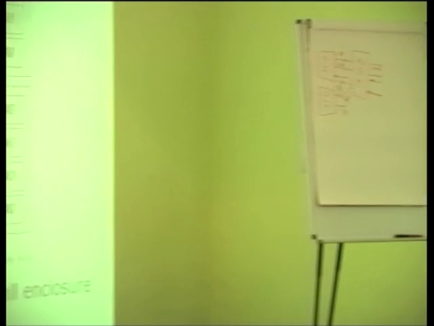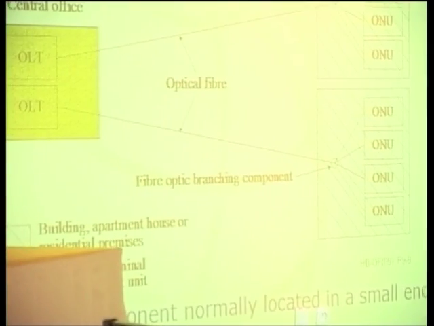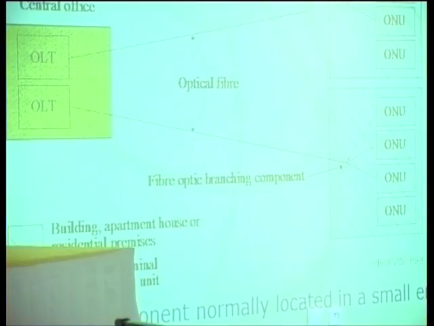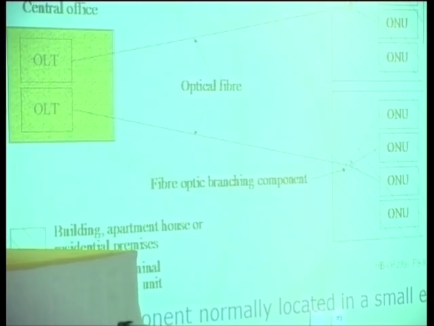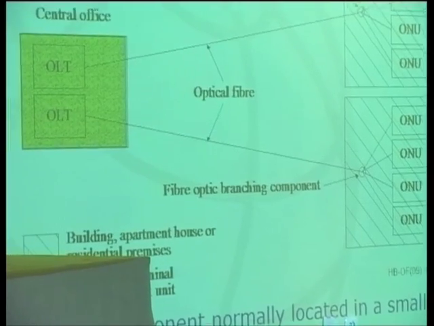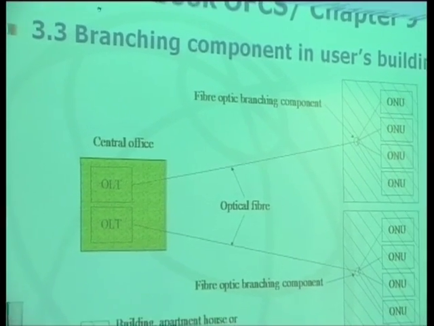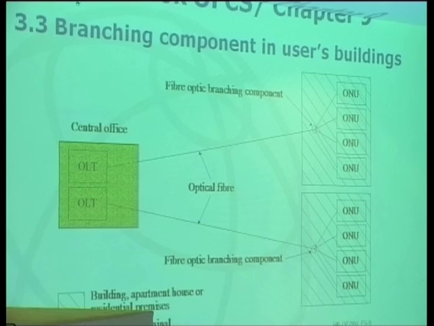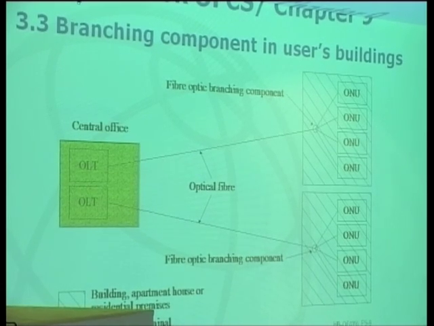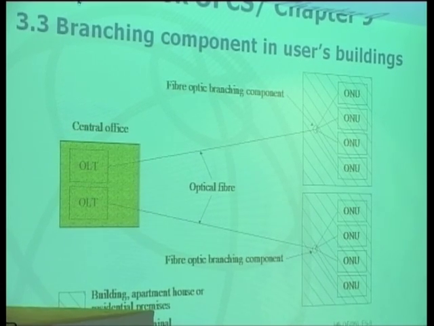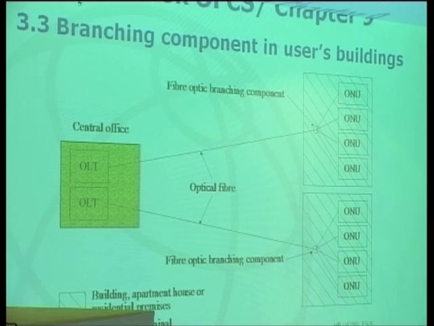In a future-proof vision, this will be the preferred architecture since you will reach the customer with optical fibers, and you will minimize the cost of the plant since you have just one optical fiber running from the central office to the building.